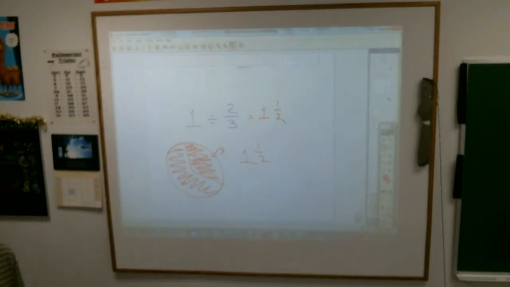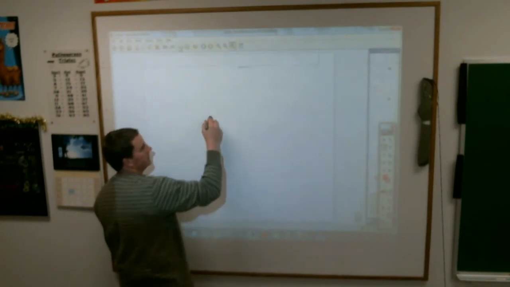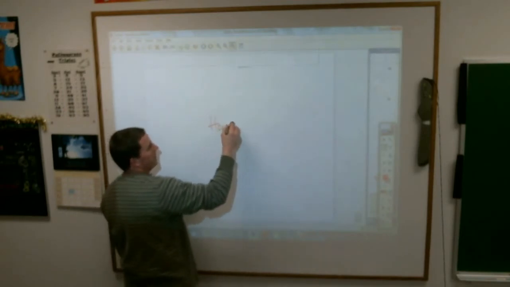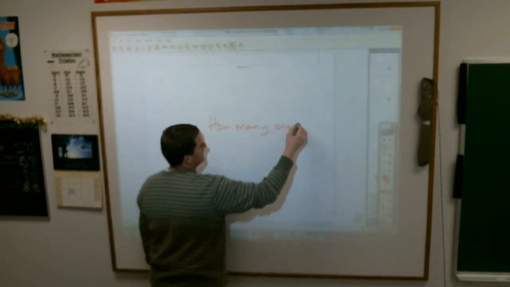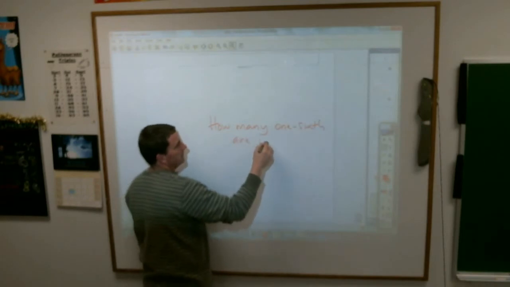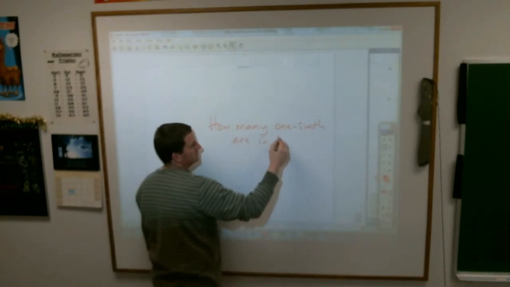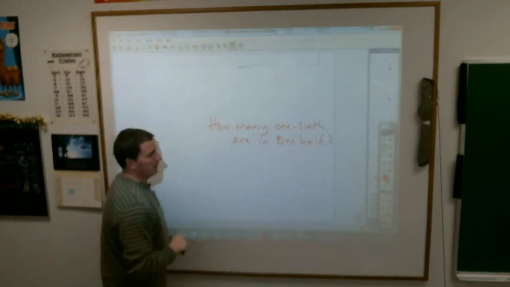How about this? They ask you this question: how many 1/6 are in 1/2? Now, let's write this out. How many 1/6 are in 1/2? You have to be a little careful with math.